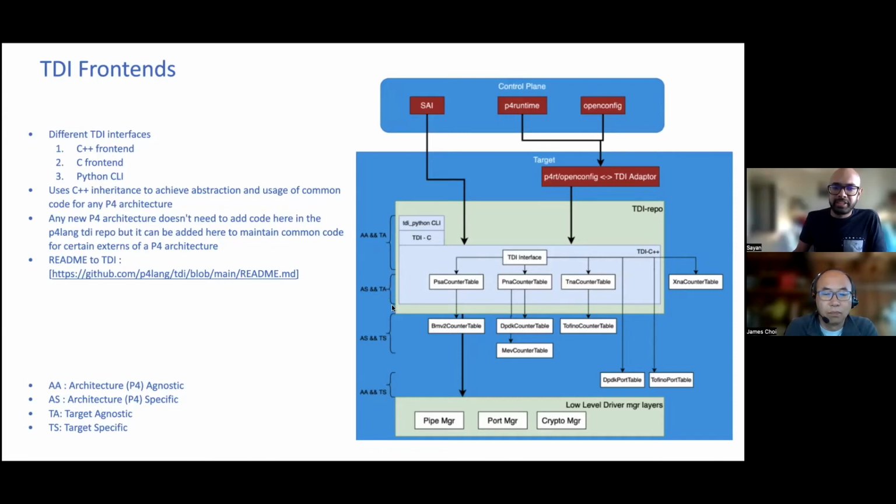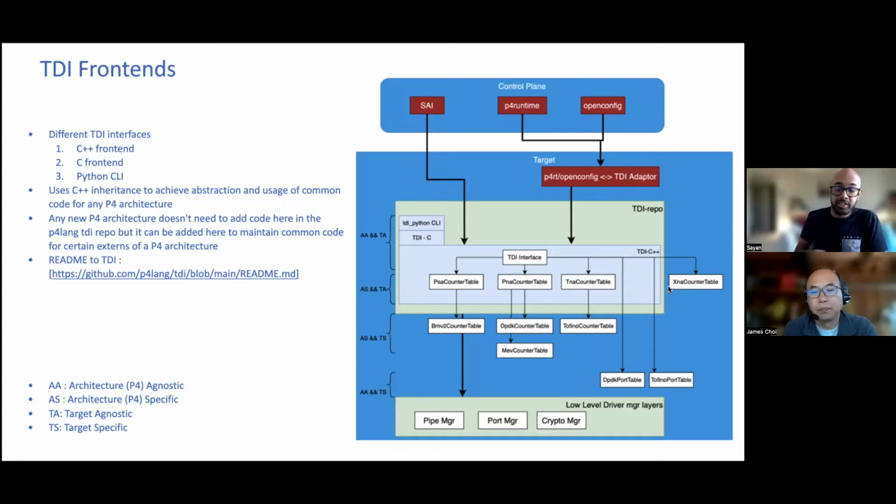Architecture specific code can be written inside this TDI repository. This provision is being provided only so that different targets, if they want, can make use of any common code. This is not required to be used. For example, if someone wants to come up with their own P4 architecture, they can choose to keep it in their own repository.